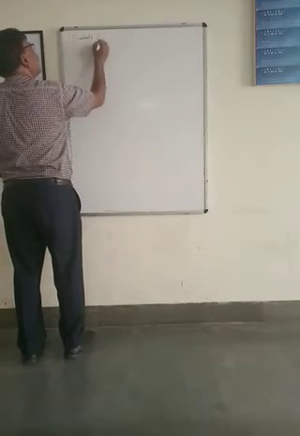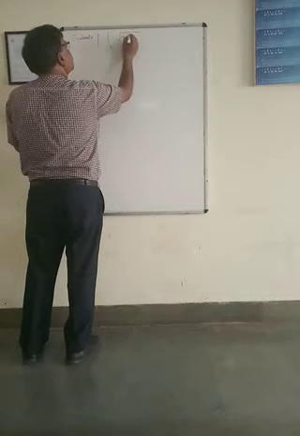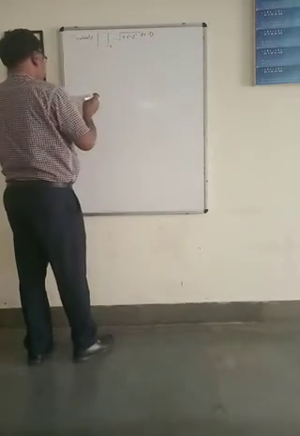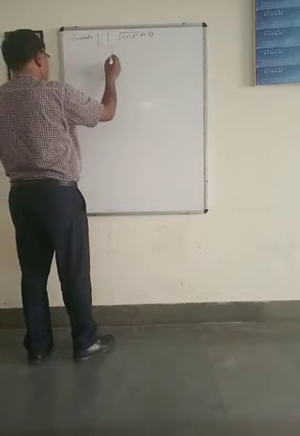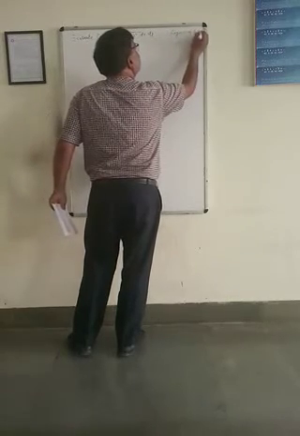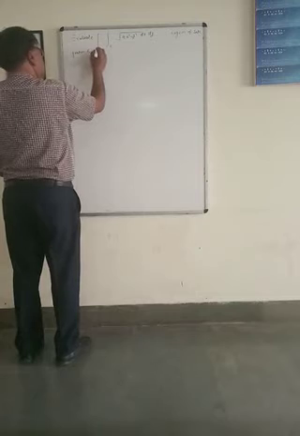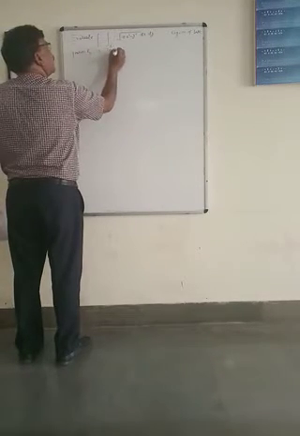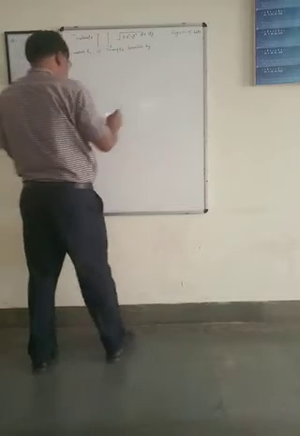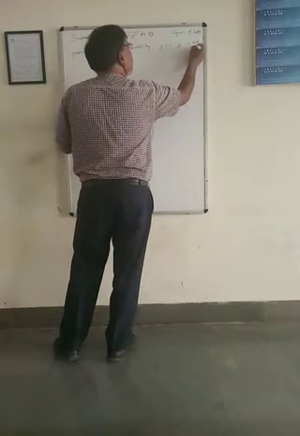Evaluate the integral of root of 4x square minus y square dx dy, where the region of integration R is a triangle bounded by y is equal to 0, y is equal to x, and x is equal to 1.